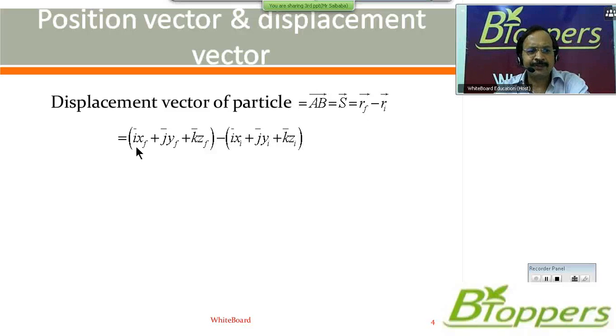Rf bar is written as i bar into xf plus j bar into yf plus k bar into zf. Ri bar is written as i bar into xi plus j bar into yi plus k bar into zi. This can be written as i bar into xf minus xi plus j bar into yf minus yi plus k bar into zf minus zi.